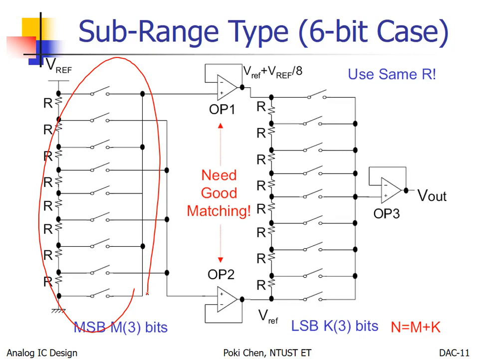But again, nothing is perfect. Even with such a very innovative circuit, there is still some problem. The major problem is put on this. When you attach your fine string to your coarse string, you cannot let it know, hey, somebody stands beside me to reduce my resistance, right?